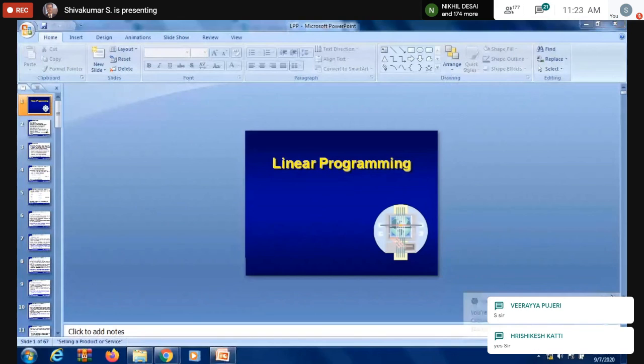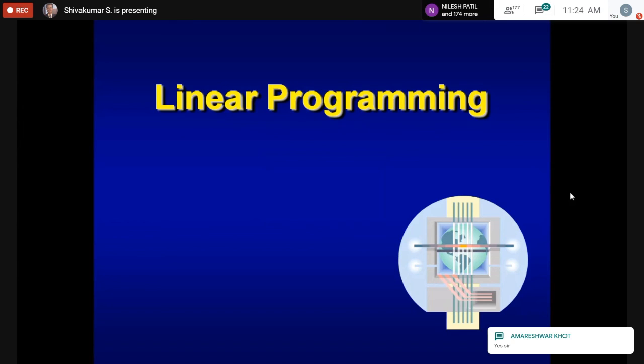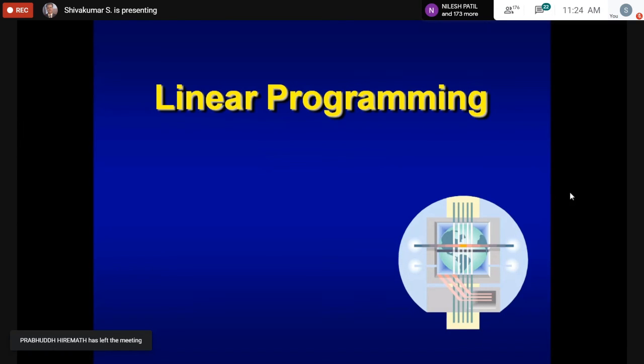Okay, linear programming. So this is a chapter. In fact, OR is good for solving on the blackboard and making you work on your worksheets. That time it will be easy because normally one problem takes 1 hour to solve in the classroom, because we explain for 20 minutes and you take 20-30 minutes for solving.